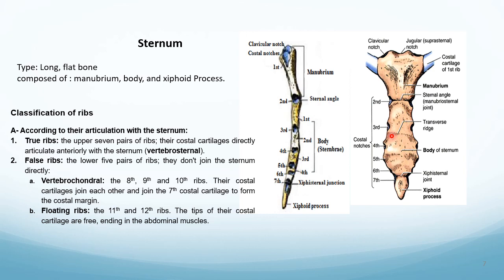The false ribs are also divided into vertebrochondral, the ribs which are connected with each other by cartilage, including the 8th, 9th, and 10th ribs, and floating ribs, the last two ribs, 11th and 12th. They are not connected with the sternum or with the costal cartilage.